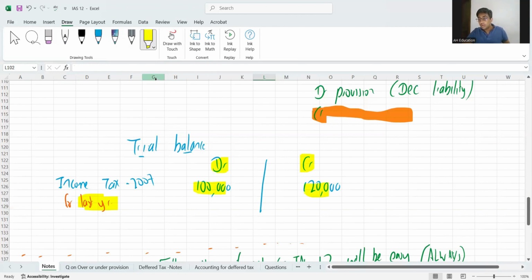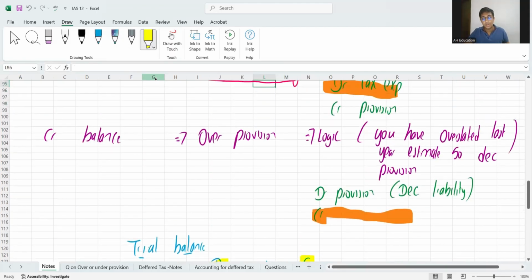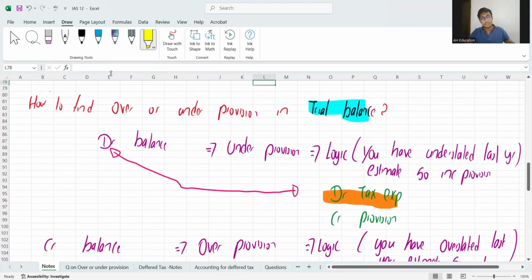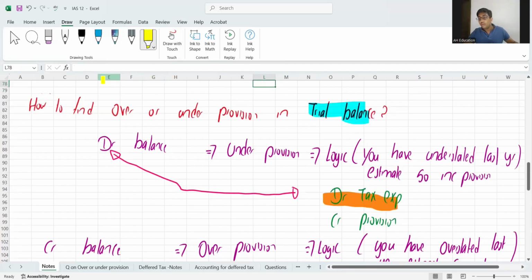Now, you need to find out whether it's an under provision or an over provision. How will you find? If your last year's income tax balance is on debit, what I mean is it is an under provision or underestimated. Your expense for last year is underestimated.